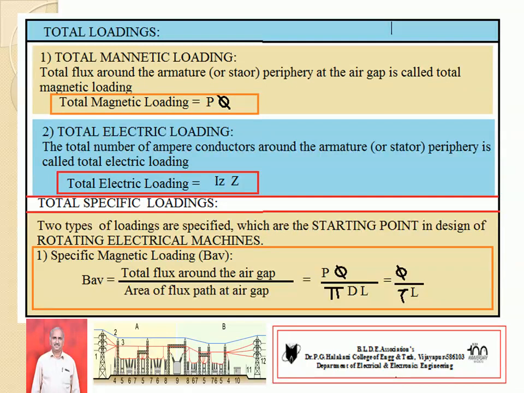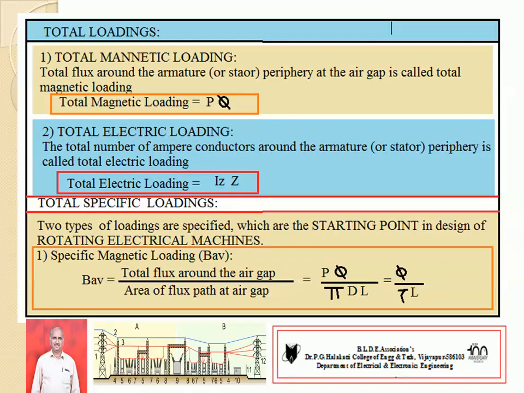Number 1, we again have two types of specific loadings. Number 1, specific magnetic loading. Specific magnetic loading is denoted by B average. That means average flux density in the armature periphery of the air gap.